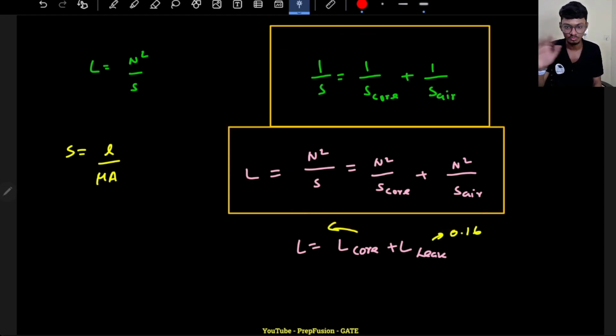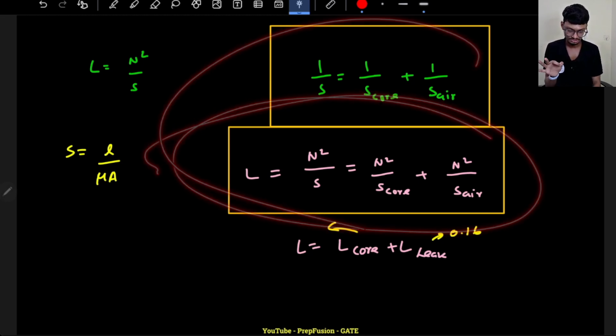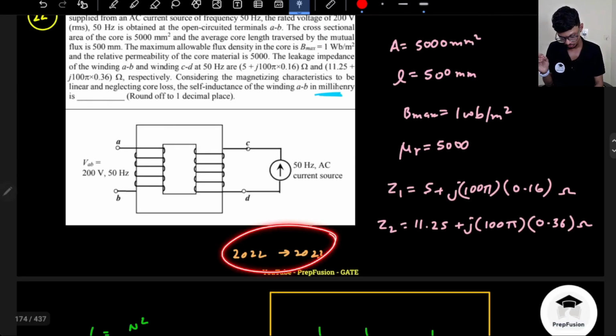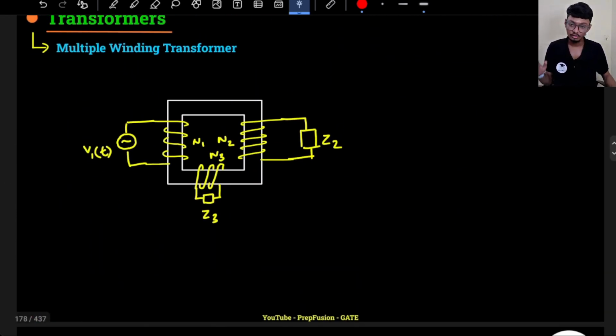They just simply used some random formula, adding the mutual inductance and the self inductance, that's it. But I have proved it to you with basics. That is the difference in our class and in other classes. You can go to any PYQ book, you will not be able to understand the solution. This is some GATE 2023 or 2022 problem, I don't remember, in the transformer chapter. So now that was all the questions.